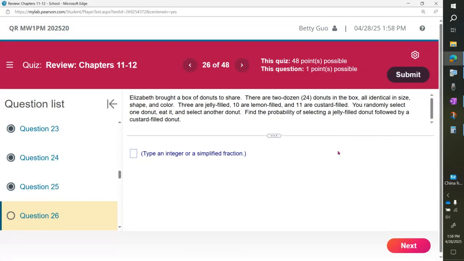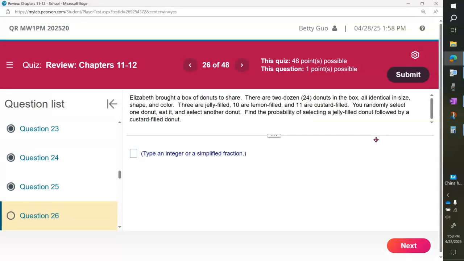This is a probability involving "and" as well. The probability we are looking for is the probability of the first time getting a jelly-filled donut and the second time getting a custard-filled donut.